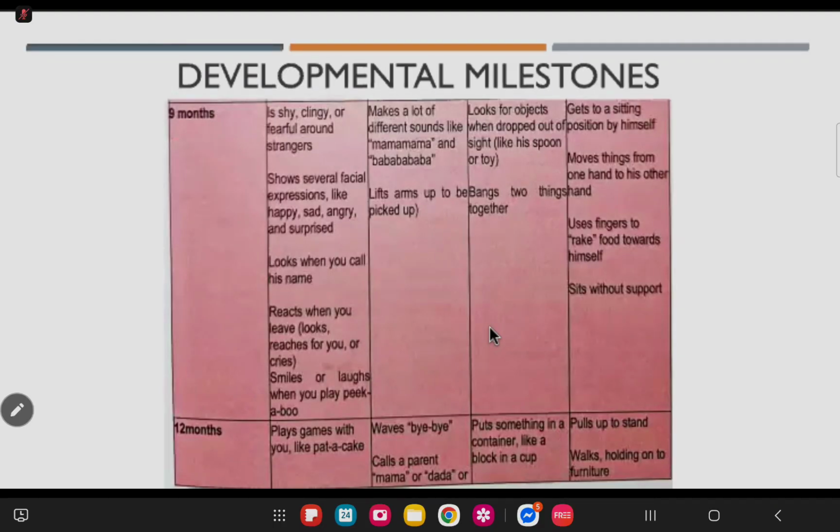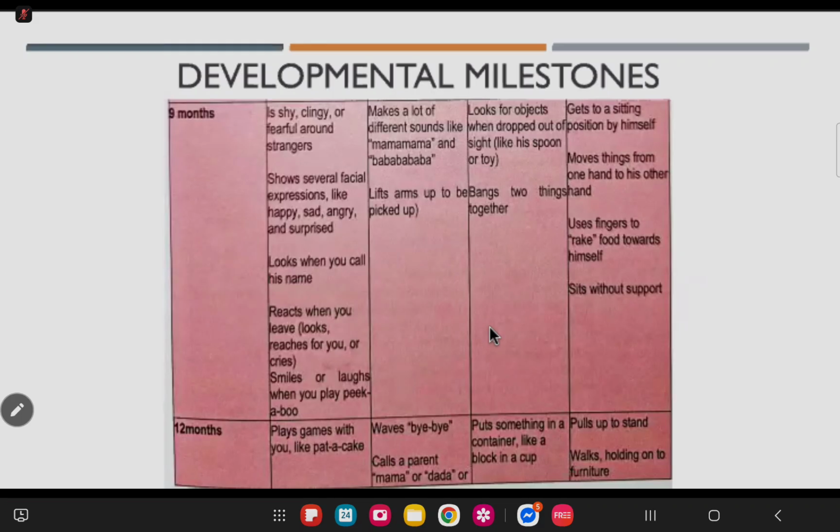What else? At 9 months, usually they are shy and clingy and fearful around strangers. So your stranger anxiety is more pronounced at 9 months old. Sometimes they have already an ability to recognize people. So they are more attached to the parents or maybe to the guardian. If they see a relative who is not familiar, they will cry if they try to carry them.